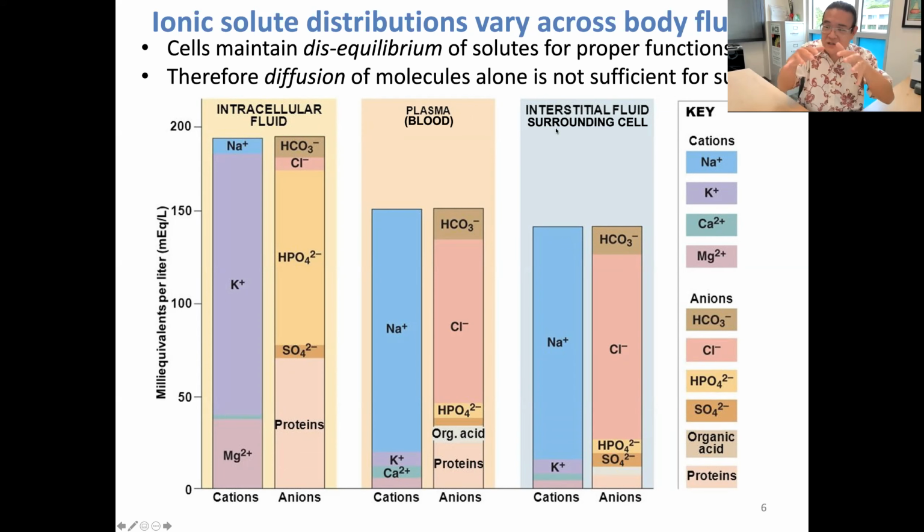Everything immediately surrounding the cell, for example in the tissue of wherever this cell is, would be the interstitial fluid. So immediately surrounding one cell, between one cell and another cell in something like a tissue, inside of, let's say, an organ, that would be another compartment. And then you have the third compartment, which is all the water flowing through your circulatory system.